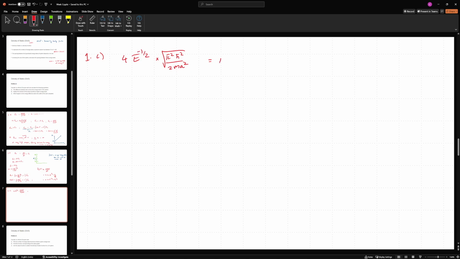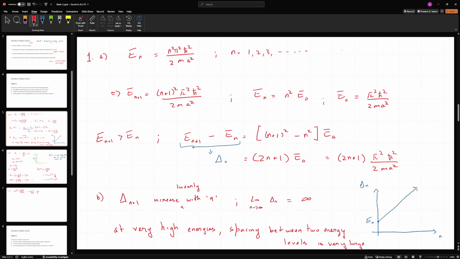So I can write this as 4 into square root of 1 by 2mE, into pi h bar by a. Let me go back here and add that for those who will only read the slides, a is the width of the well.